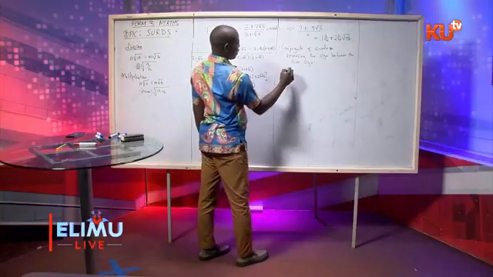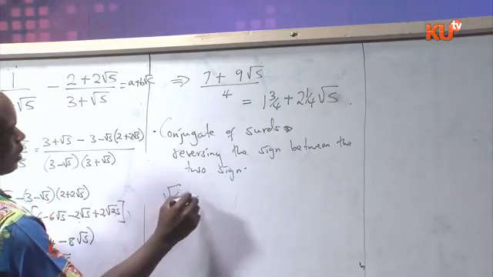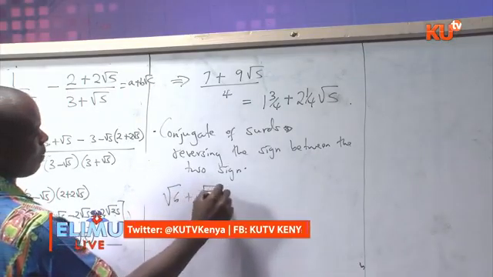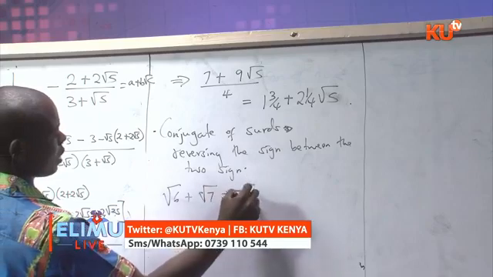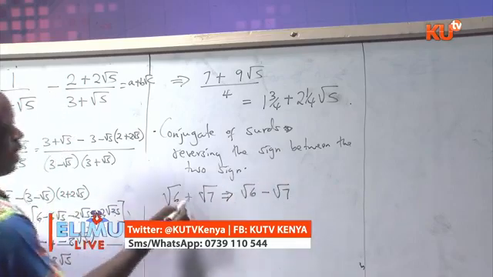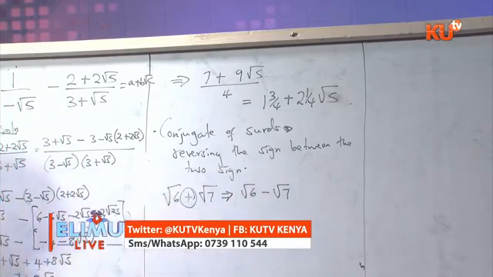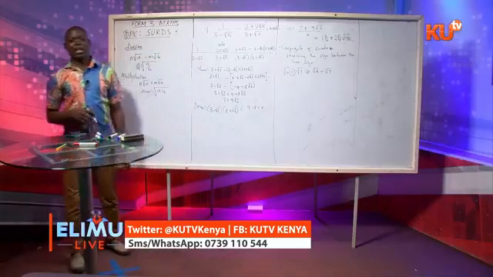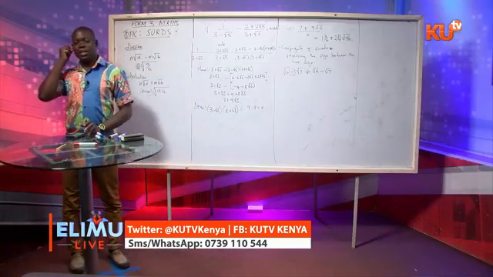If, for example, we have root 6 plus root 7, then this becomes root 6 less root 7. We are insisting on the sign between the surds, not the sign of each surd.